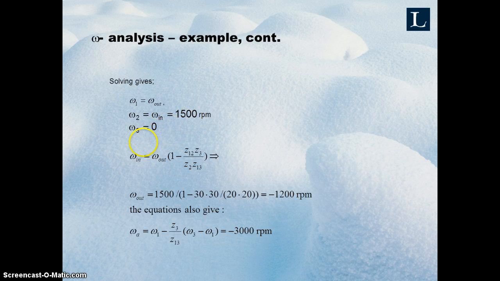So we can then calculate the output speed, and we have that here, where the output speed will be minus 1200 RPM, and this minus sign indicates that it does not rotate in the assumed positive direction but in the other direction. We can also calculate the speed of the planetary wheel, and that will rotate in a negative direction with 3000 RPM.